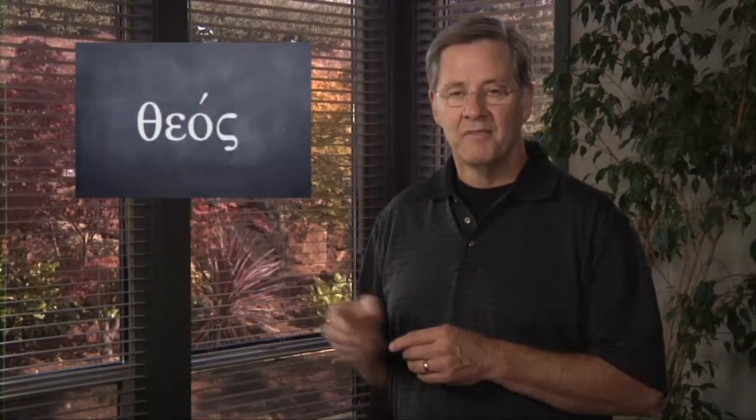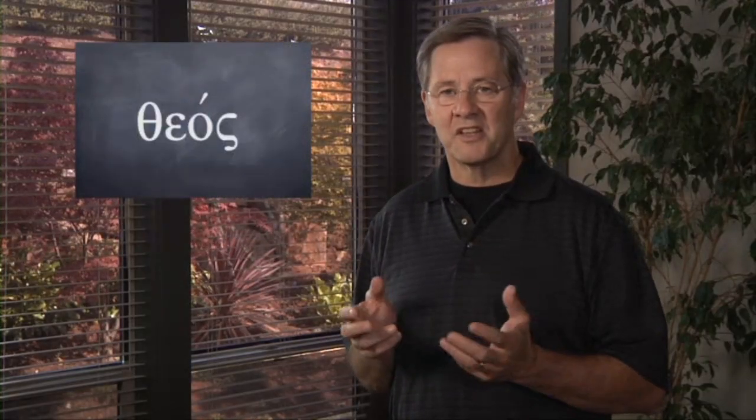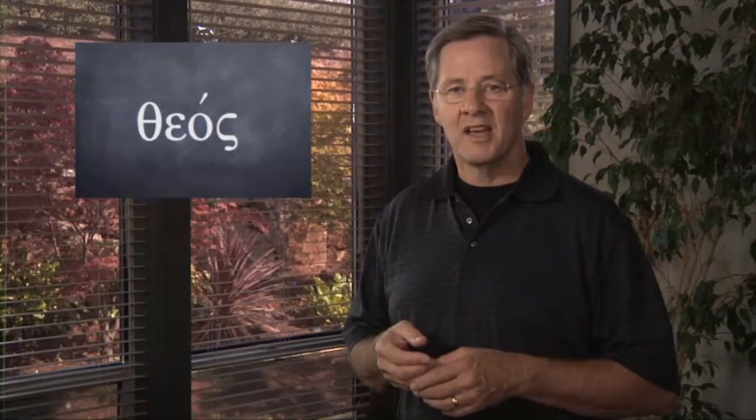Now, how would you put of God in the genitive case? Well, you're going to put, as you would expect, genitive case endings on the end. So theos is the nominative for God, and if you're going to put it in the genitive, you just change it to theou. You put an upsilon at the end. So that's what's going on in the genitive case. You show possession by putting a word into the genitive case.